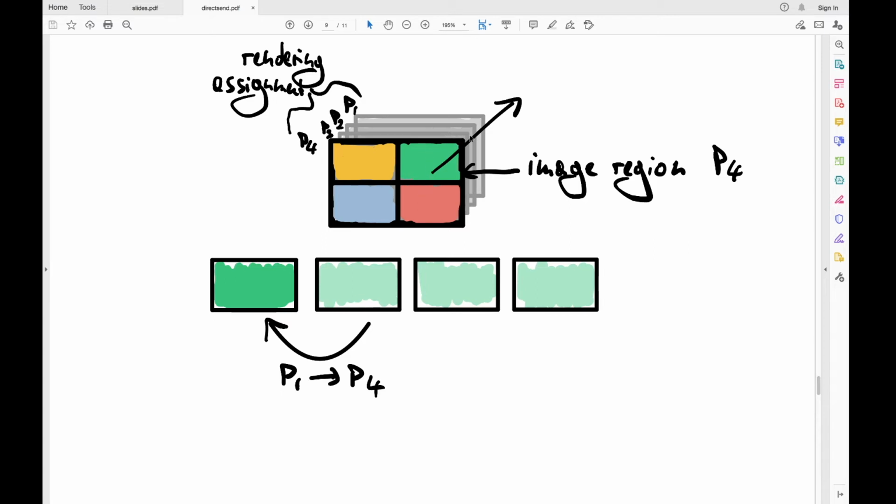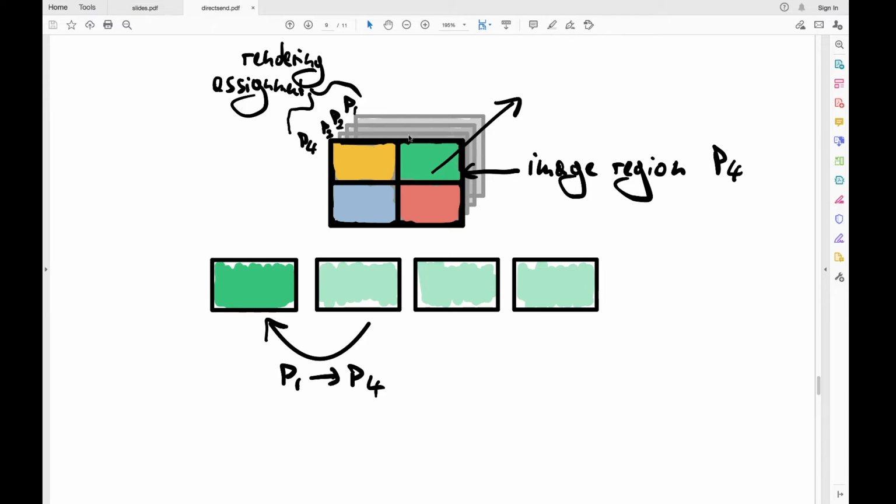So each processor from the rendering assignment holds its own intermediate image, and we'll now have an assignment where each processor is responsible for a part of the image, and each processor will now send its share to the processor that is responsible for compositing this part of the image.